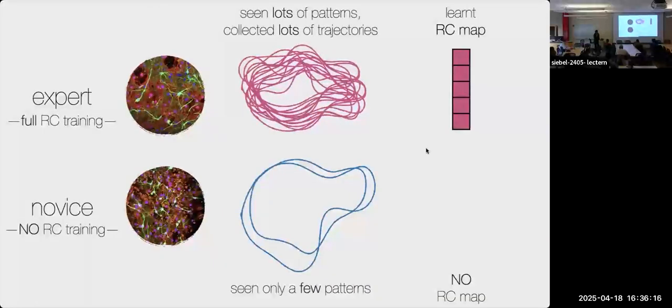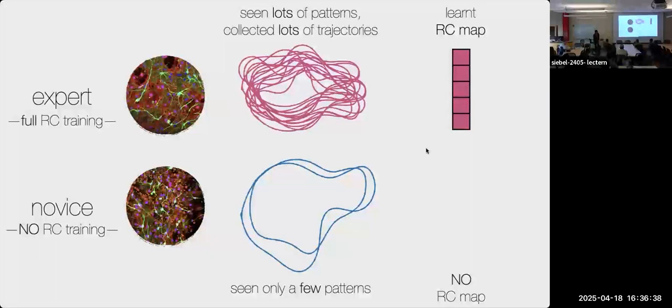So imagine you have an expert and a novice, where for the expert, we went through the full reservoir computing training. It has seen a lot of samples, so we already know how to make the state space embedding. We already found the RC map. Then let's say we want to move on to the second sample, which we haven't observed enough yet to construct the RC map.